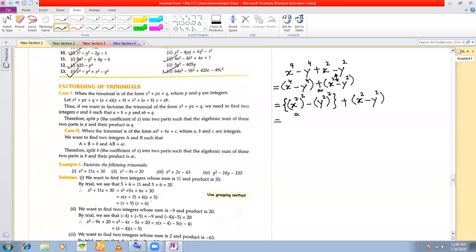Now clearly this is a square minus b square form, where a is x square and b is y square. So this can be broken up as a plus b into a minus b.